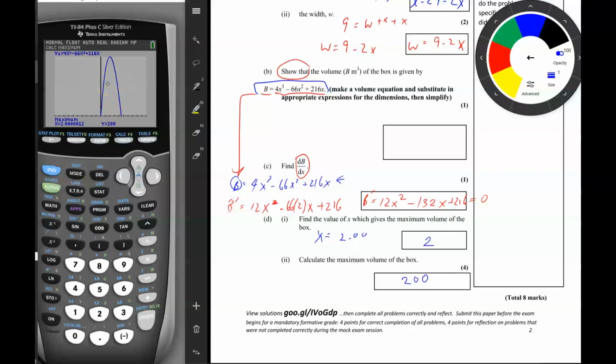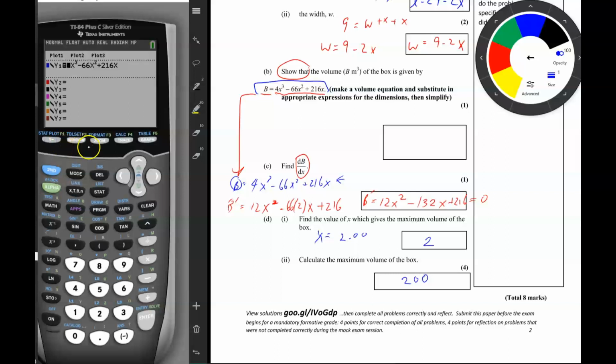Okay, and I just want to show you what the red function is at that point, just so that you can see that there is meaning to this. So I'm going to put 12x squared minus 132x plus 216. And then I'm going to look at the table only.